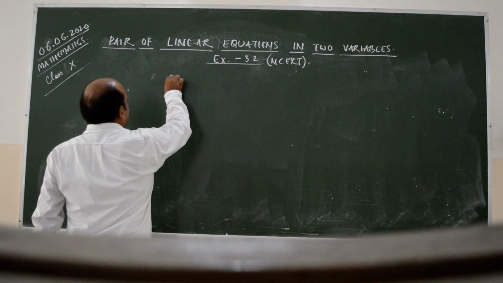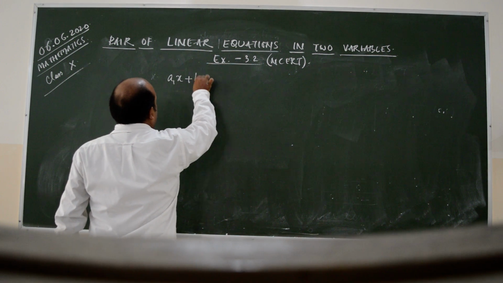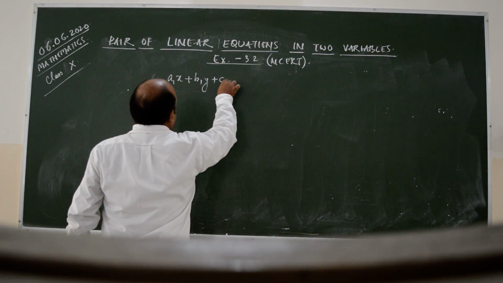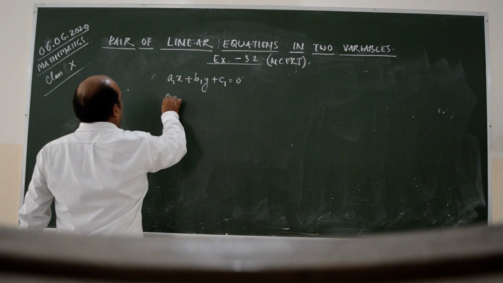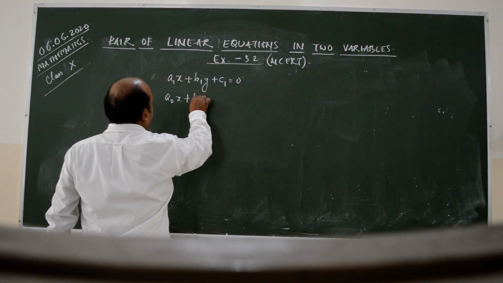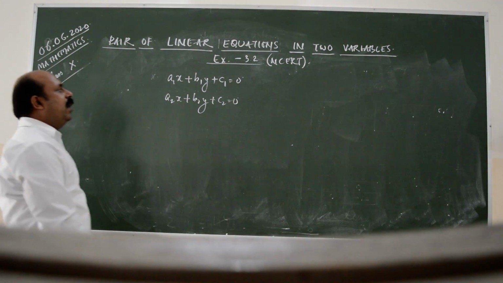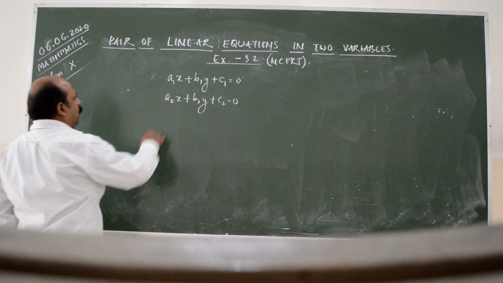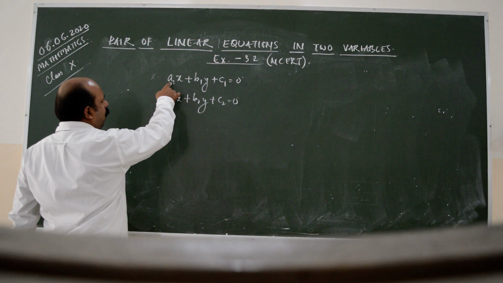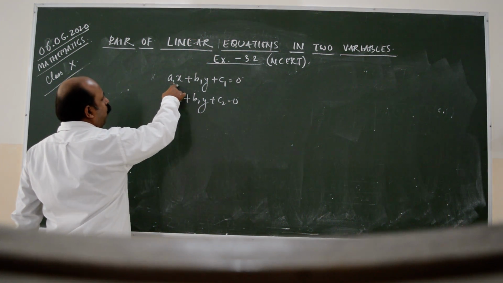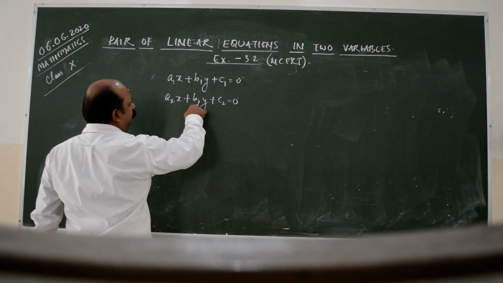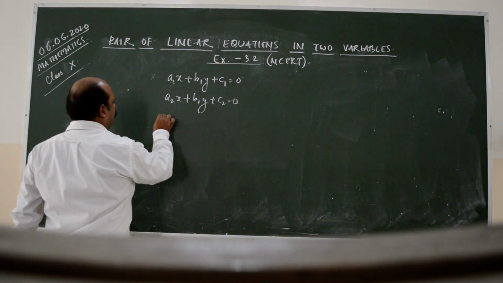If I consider a1x plus b1y plus c1 equal to 0 and a2x plus b2y plus c2 equal to 0 as a pair of linear equations, then we can compare the ratio of the corresponding coefficient of x, coefficient of y and the constant term.